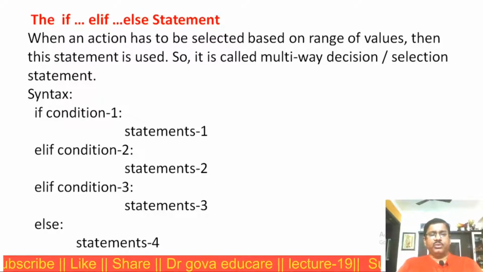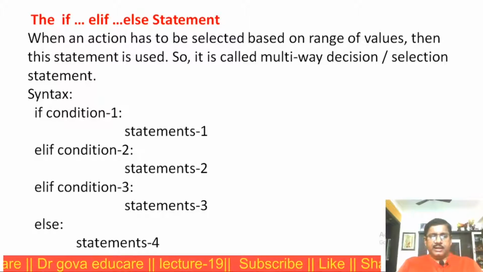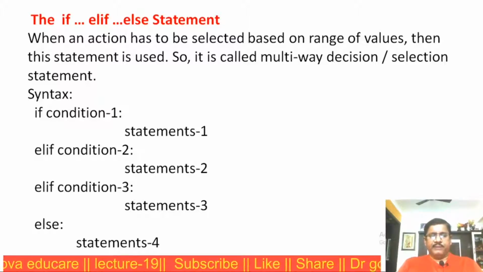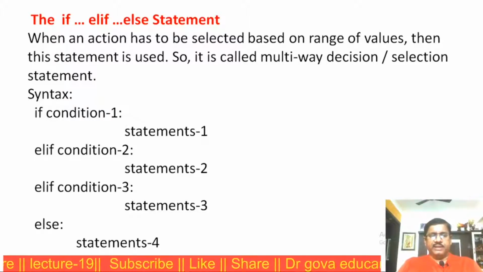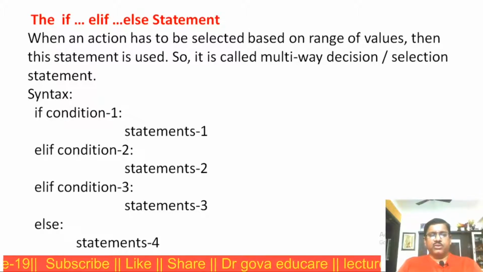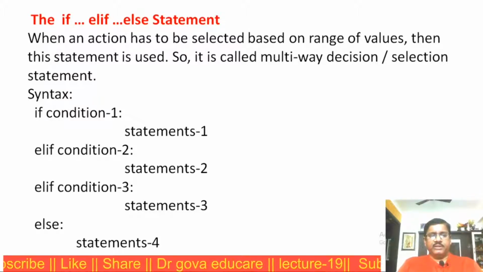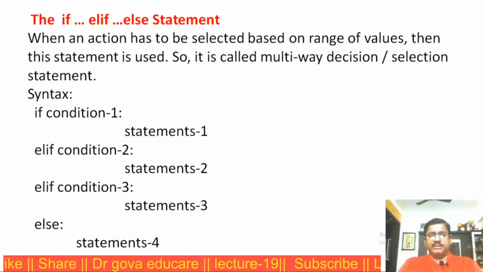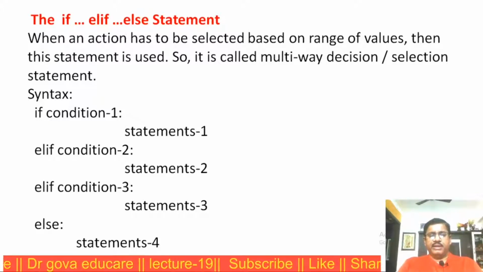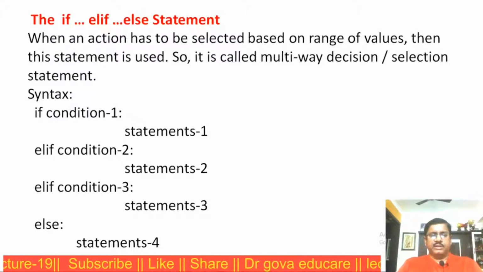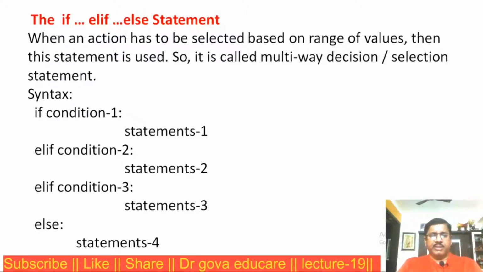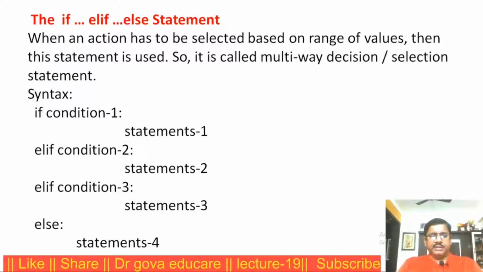If condition 2 is false, control goes to condition 3, which is evaluated as either true or false. If it is true, statements 3 will be executed. If all conditions are false, then the else part will be executed, that is, set of statements 4.